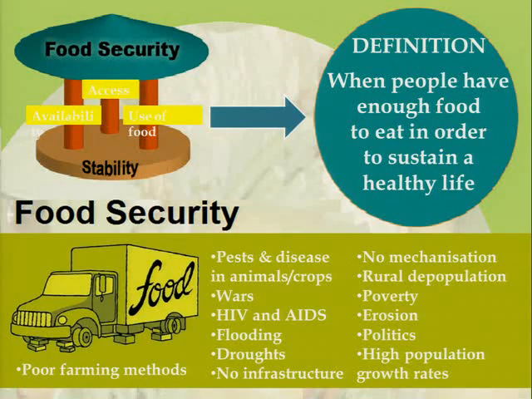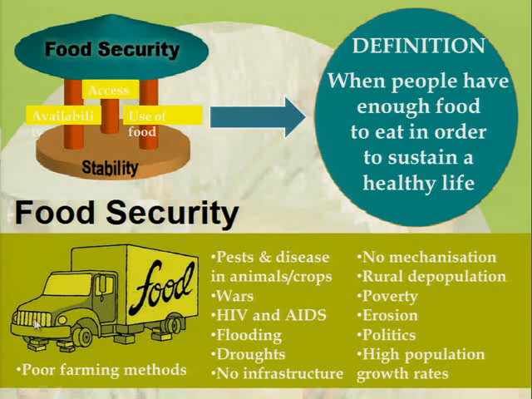I need to stress this. There is food security and there is food insecurity. What is security? It's when people have enough food to eat in order to sustain a healthy life. But what is insecurity? Obviously, it is when people do not have enough food. And then what causes this food insecurity?